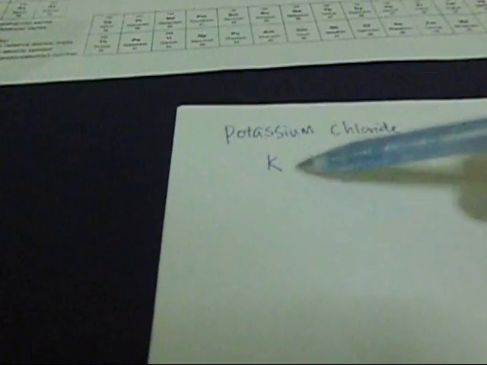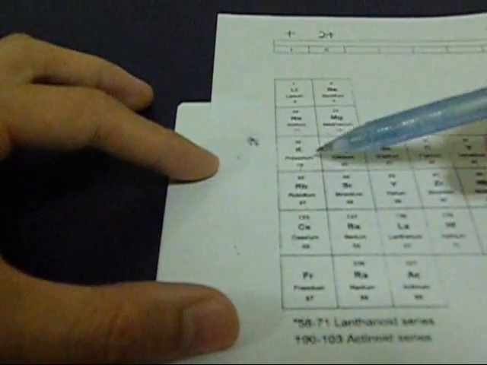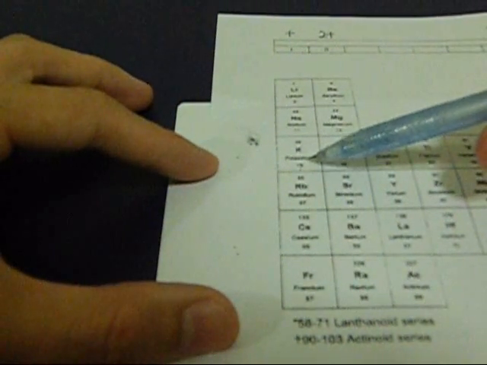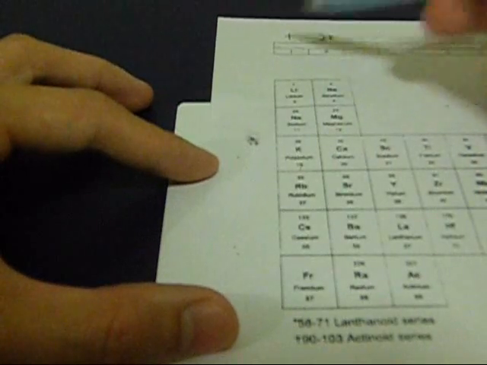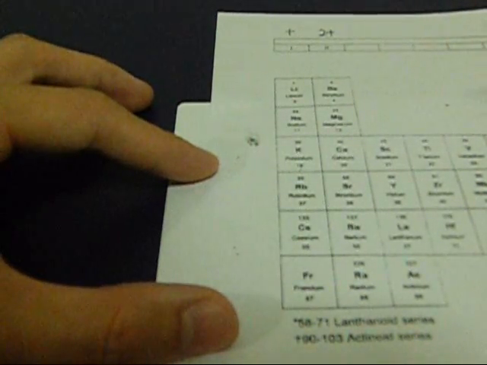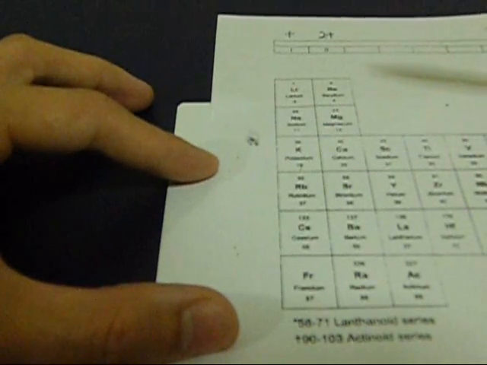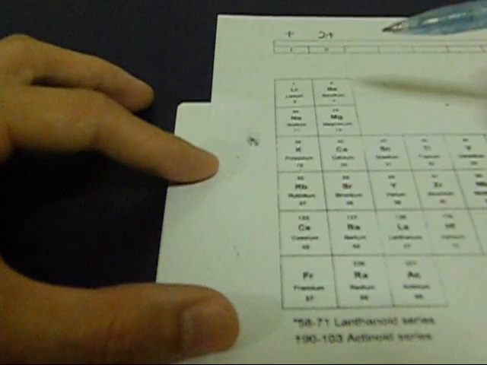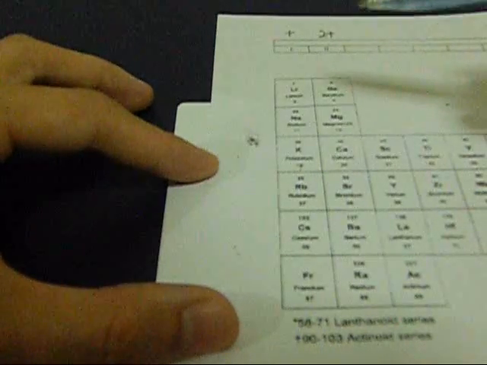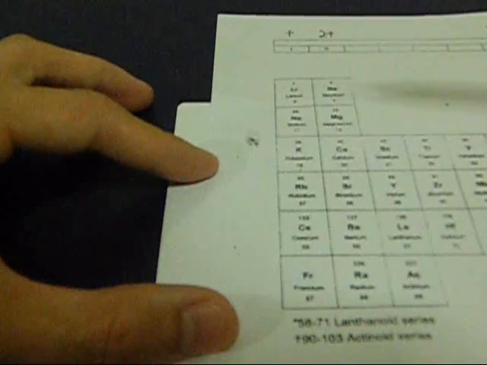Now, what is the charge of potassium ion? If you look at the periodic table, potassium is in group 1. Group 1 means 1 valence electron. So all the elements in group 1 have 1 valence electron. 1 valence electron means that the element would tend to lose the electron in order to be stable.